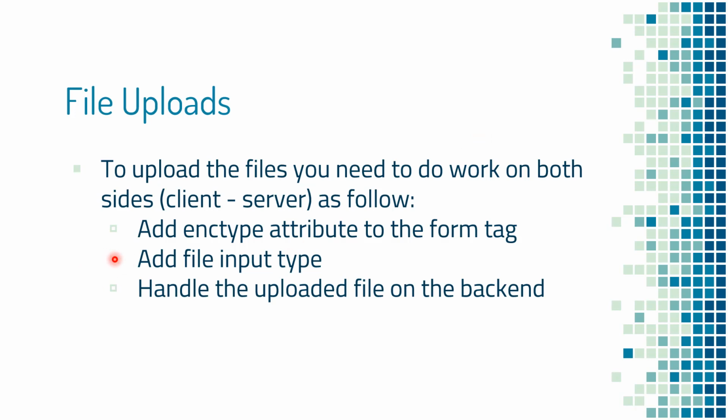Then in the form, you will add an input with the type of file. Once you have added these things on the client side, all you need to do is handle the uploaded file on the backend. How are you going to work with the uploaded file?